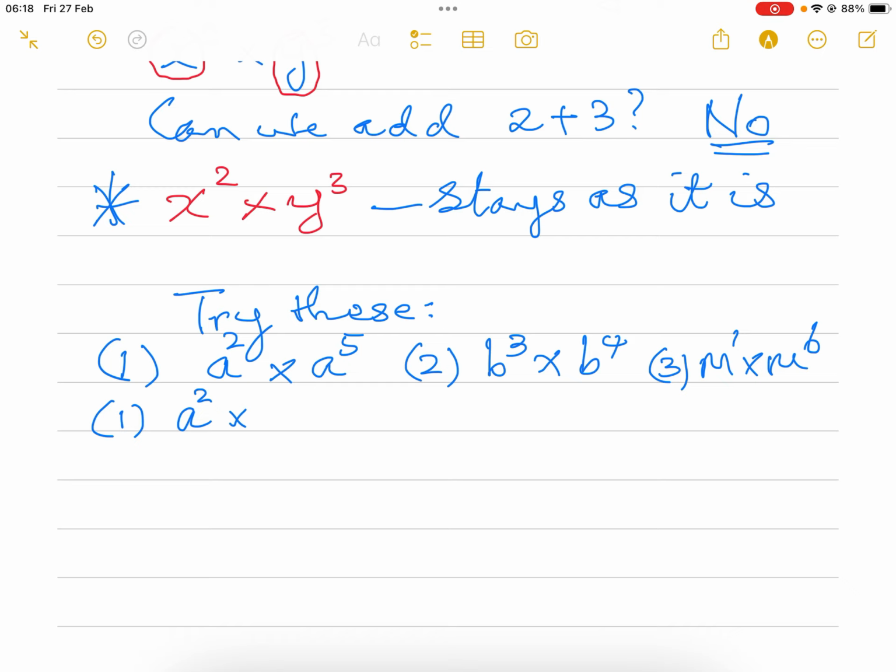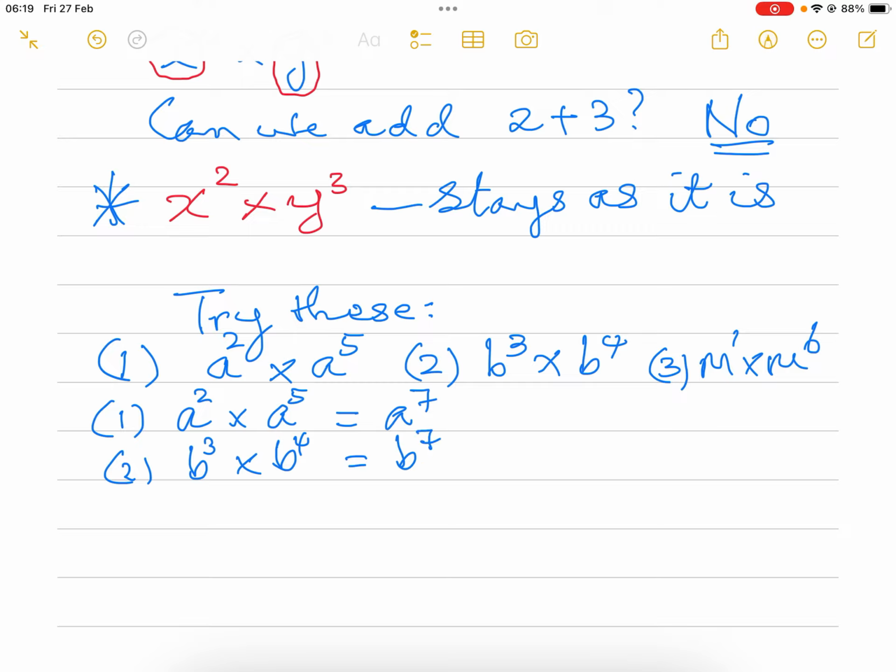Now let's solve. The first one, a raised to power 2 multiply a raised to power 5 will give us a raised to power 7.